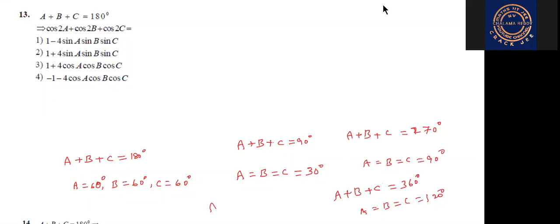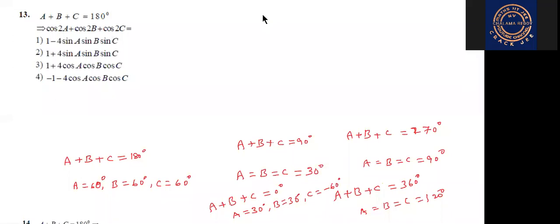Sometimes they will give A plus B plus C is equal to 0. At that time, how to take? A value, suppose 30, B value 30. Then what is the C value? C value is minus 60. 30 plus 30 is 60, minus 60.